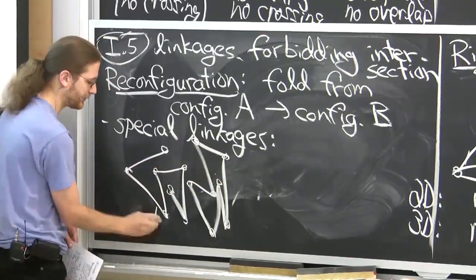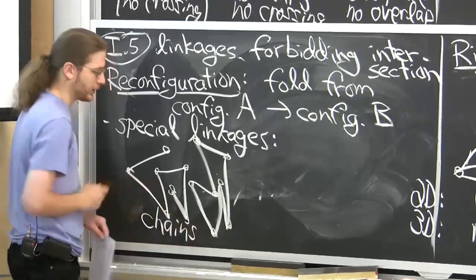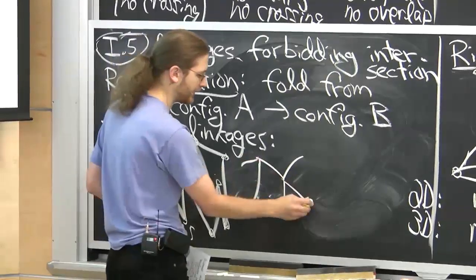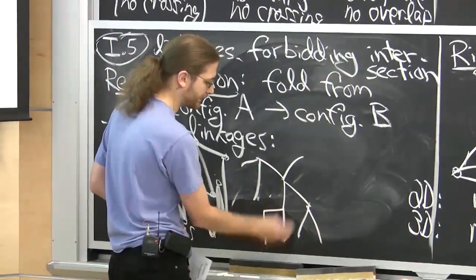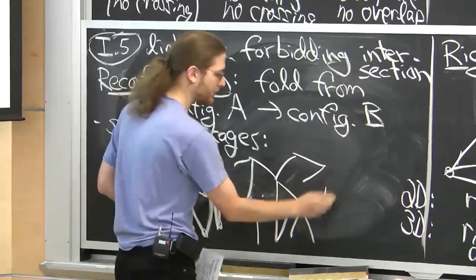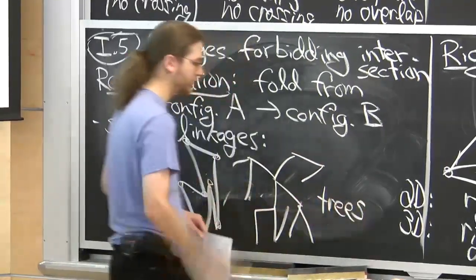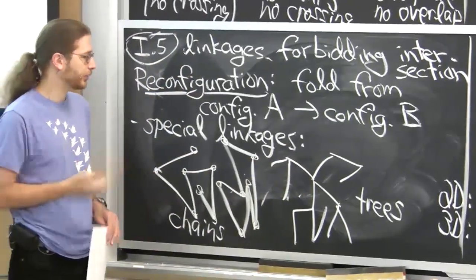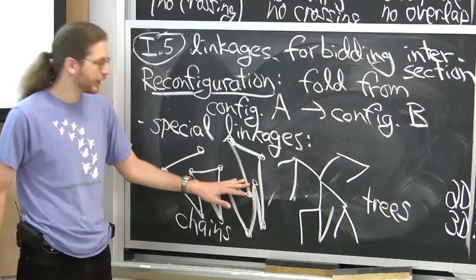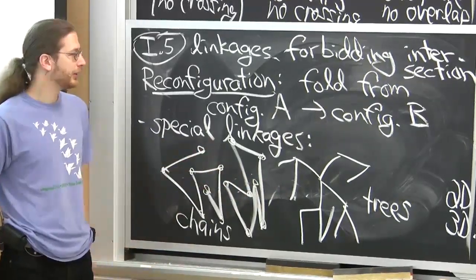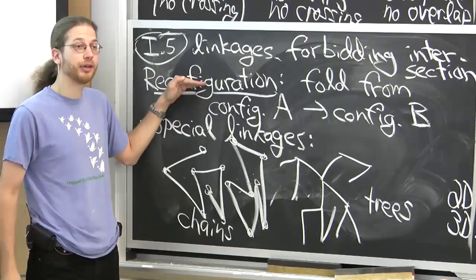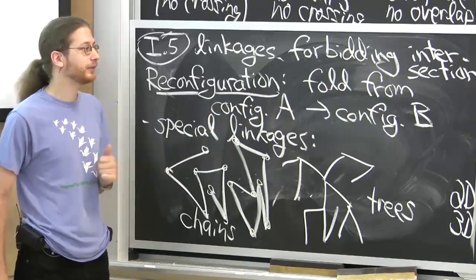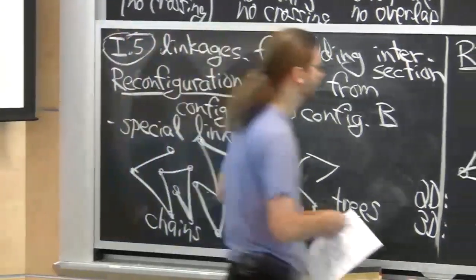In general, these are chains. And the other thing I might like to think about, in particular because proteins look kind of like this, are trees. Trees are just linkages without any cycles in them. So those are nice and simple. Here I have no cycles, one cycle. Easier to think about. And sometimes you actually get a universality result that these linkages can fold from any configuration to any configuration. And that's especially cool. Let me tell you about them.